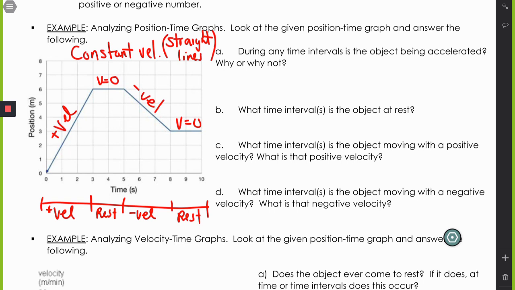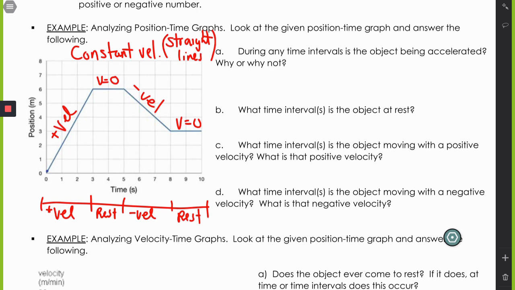That just means I'm traveling in the positive direction for positive velocity, and in the negative direction for negative velocity. So you can note that by saying, here I'm going up to 6 meters, resting at 6 meters, and then I turned around and came back down to 3 meters, and then I'm resting at 3 meters. So there's my analysis of the graph.